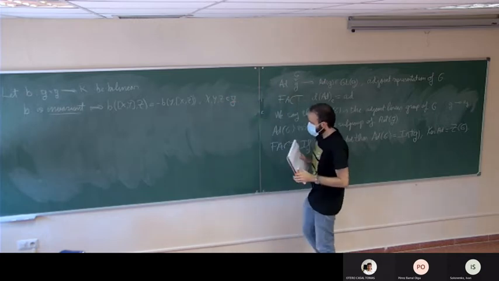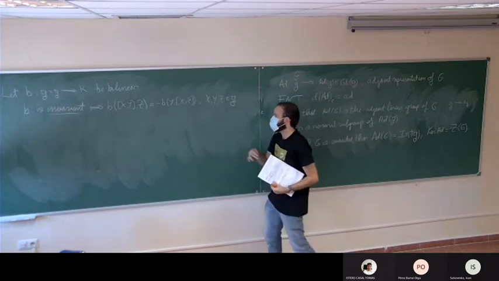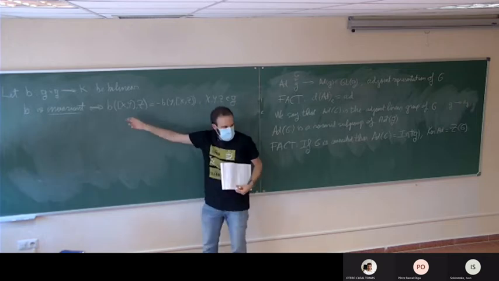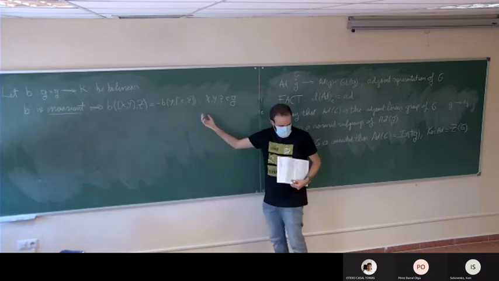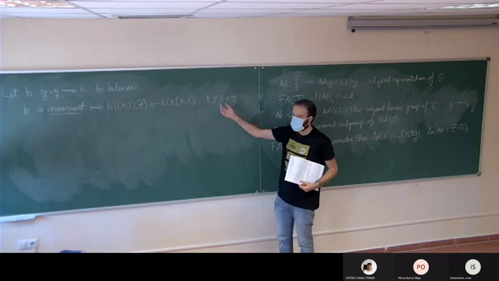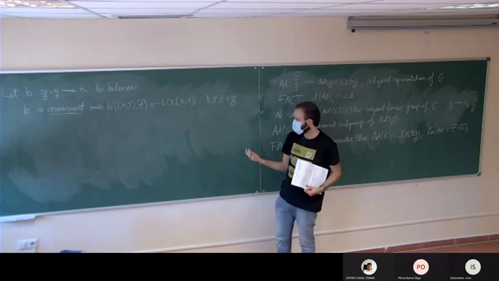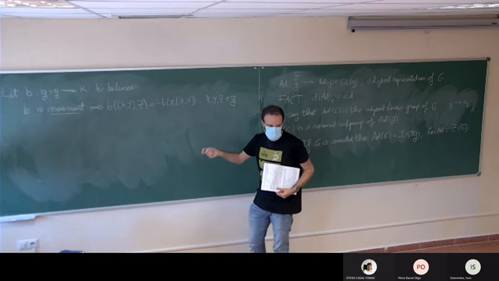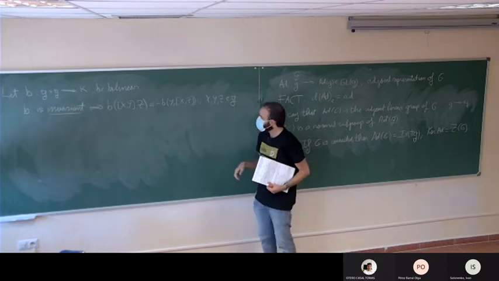So what does this mean? If you think about it, this is just like saying in a certain way that the elements of ad g are anti-symmetric. Okay? So if this were a scalar product, it would be like saying that they are not self-adjoint, but they are anti-self-adjoint, skew-symmetric.